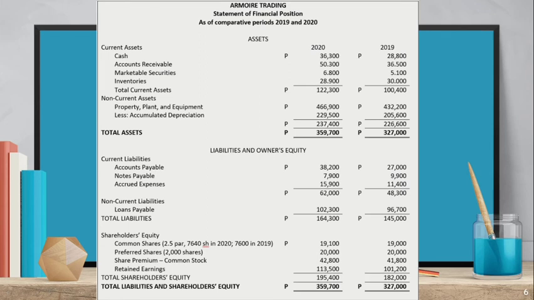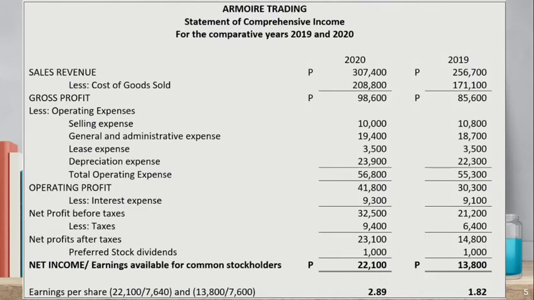Unya, ang atong outstanding common shares, kaning 7,640 shares in 2020. 7,600 in 2019. So, pagka-2020 is naa tay 7,640 shares na issued and outstanding. Meaning, naay nag-own anang 7,640 shares.